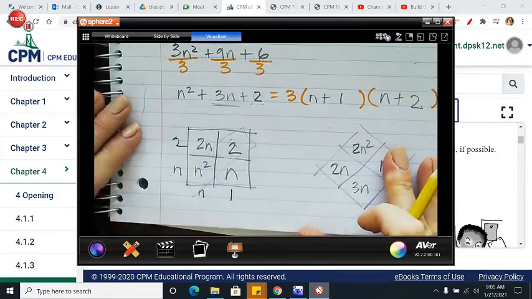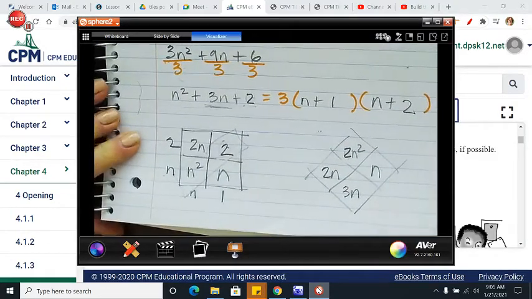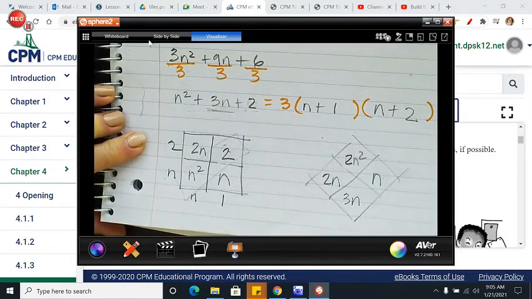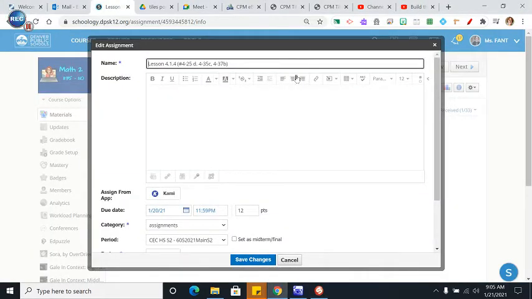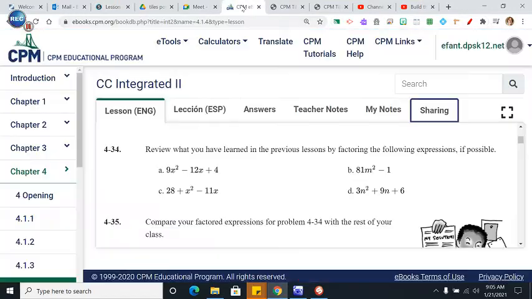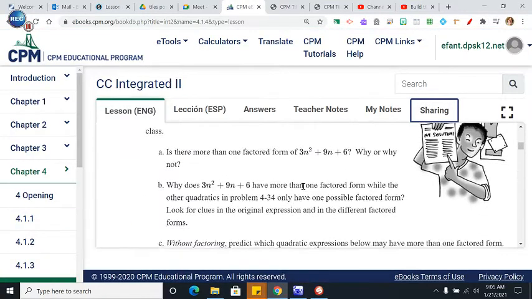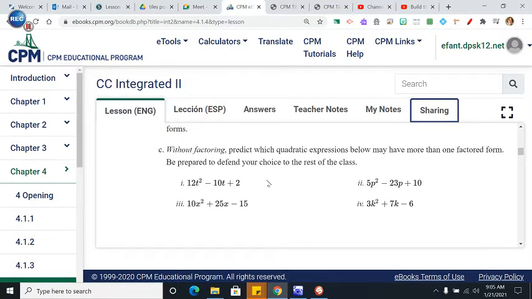Okay, so that was the example that we did together, and then the check-in was 435C. So this is asking you not to factor them. It's just asking you which of these four expressions has more than one way to factor it.